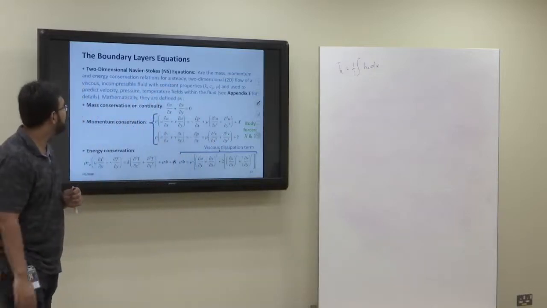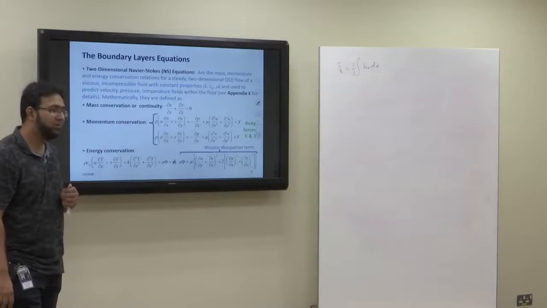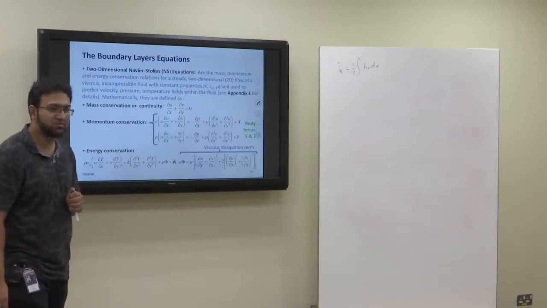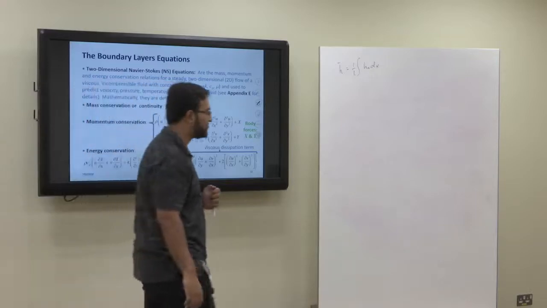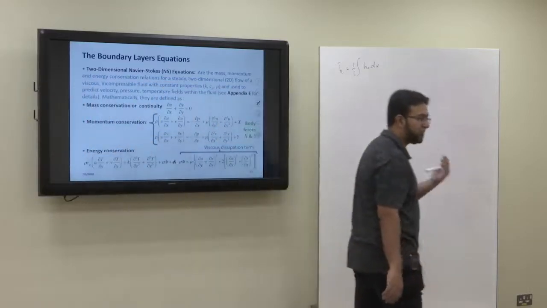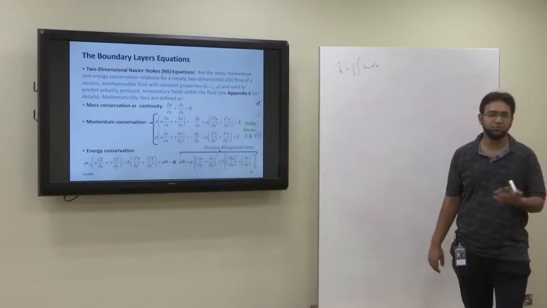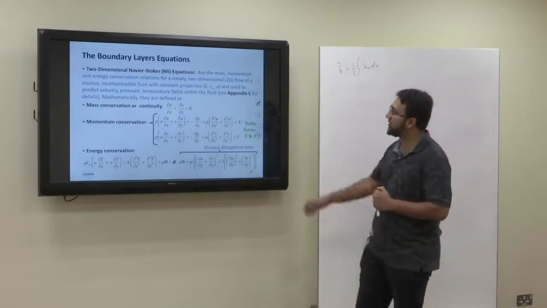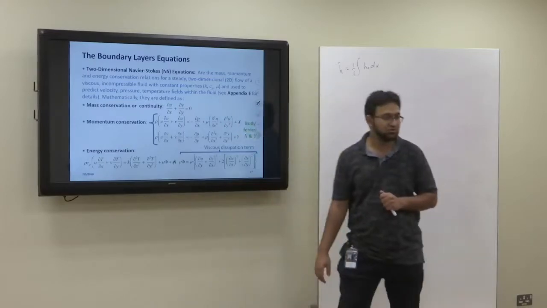Now there is certain theory about the boundary layer equation. This theory is not really related to heat and mass transfer. It's more related to fluid mechanics, and probably you will go through it in the course of fluid mechanics. So we have the two-dimensional Navier-Stokes equation.